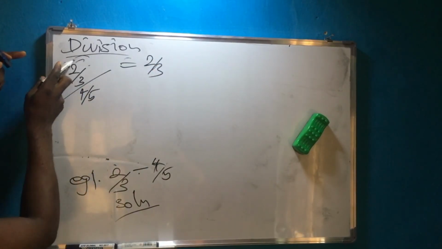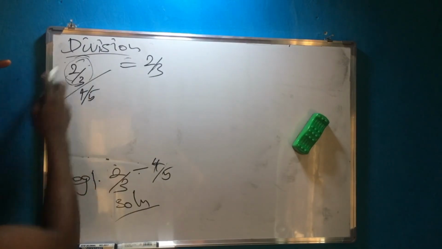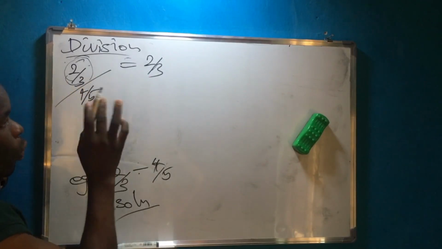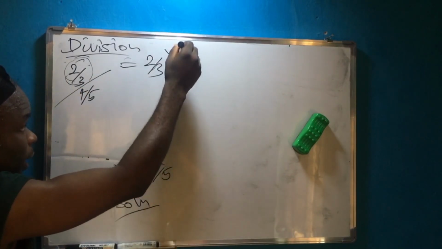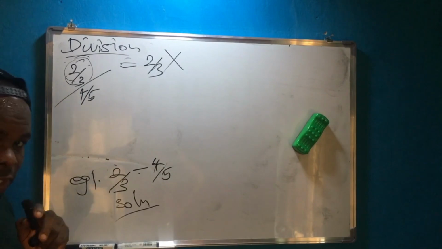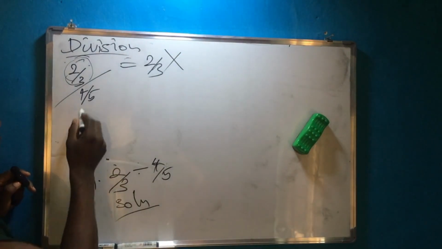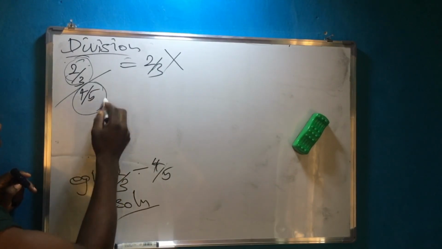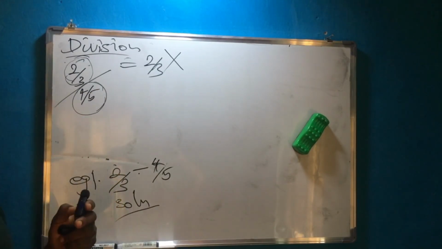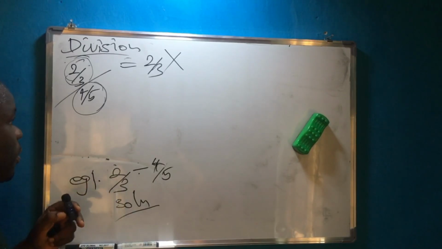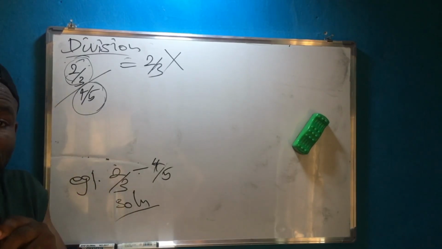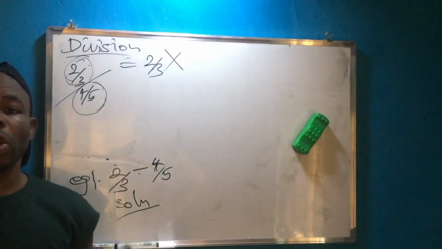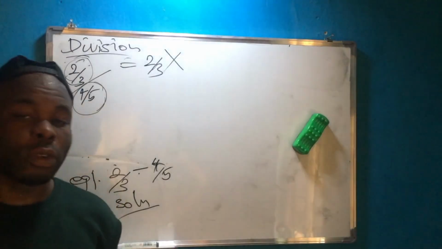Then introduce the multiplication sign instead of division. And then interchange the second fraction. In the second fraction, you interchange the numerator with the denominator, so that the position of the numerator becomes the position of the denominator, while the denominator becomes the position of the numerator.